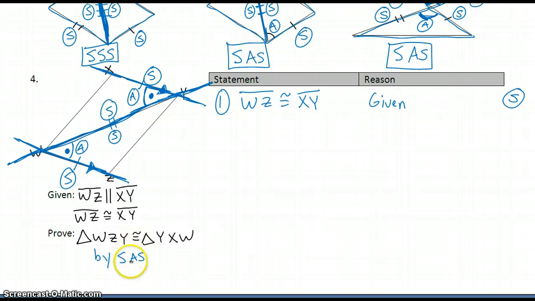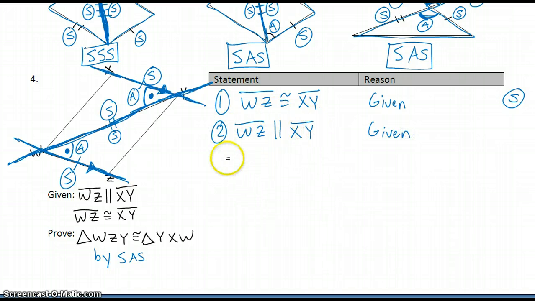Now I want to go to the congruent angles. Well, in order to get the angles congruent, I need my lines to be parallel. And I know that my lines are parallel because that piece of information is given to me. So parallel lines tell me about angles. Which angles? This one and this one. So I need to name these angles correctly. To name this angle correctly, I need to use 3 letters.